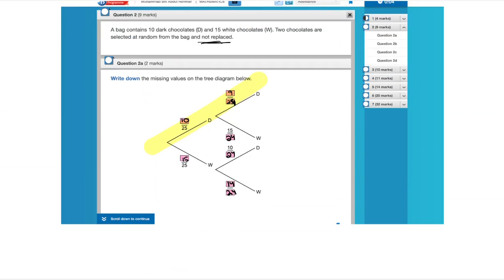Now look, we have the general probability of getting two dark chocolates, right? So we know that the first probability of getting a dark chocolate is 10 by 25, without a doubt.